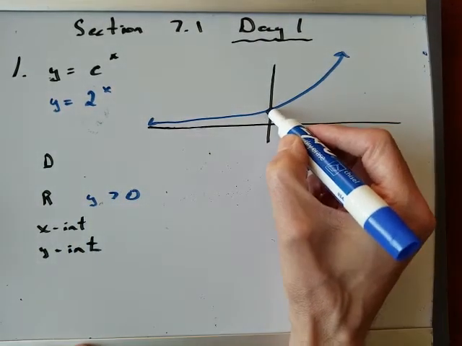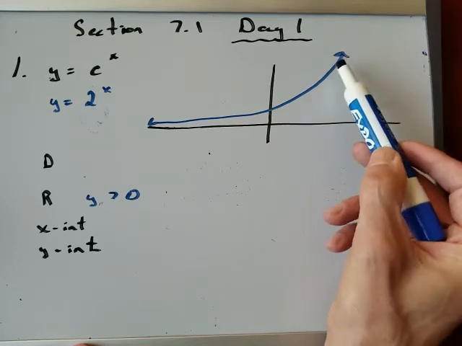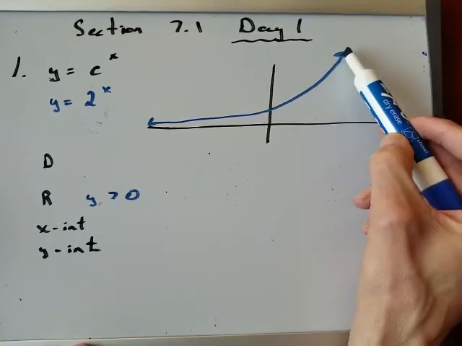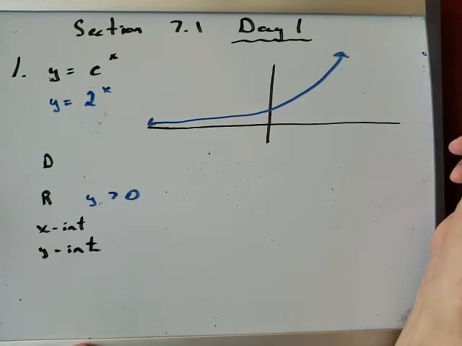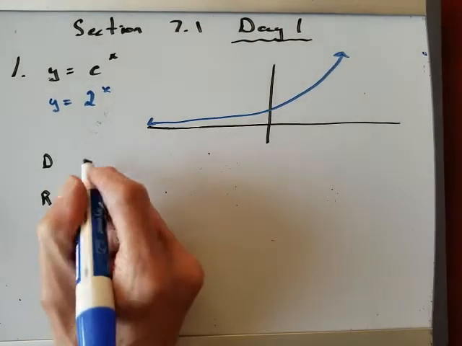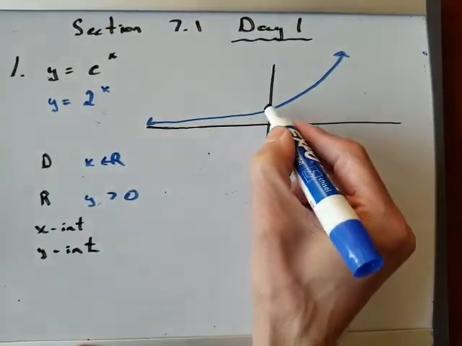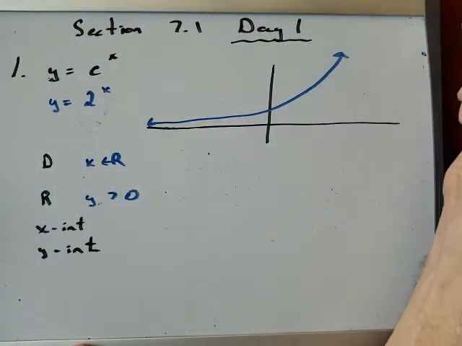What does it do on this side? It does go up forever, but it does not go straight vertical. It keeps going up and over, up and over, up and over, very high. So it does go forever on the x-axis. So then what would be the domain? It is all real numbers. It goes forever backwards and forever this way, even though it creeps up.